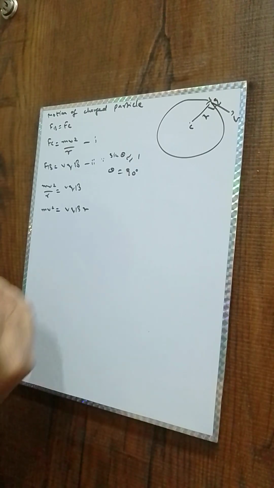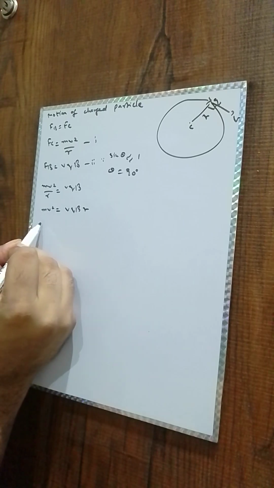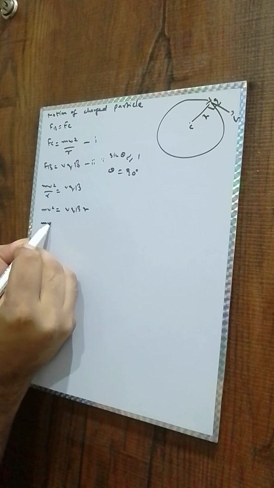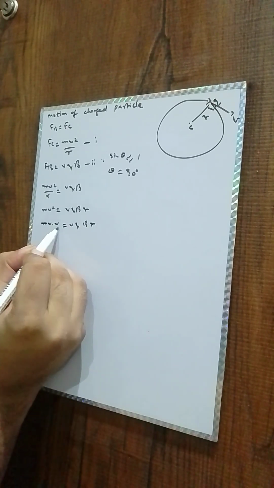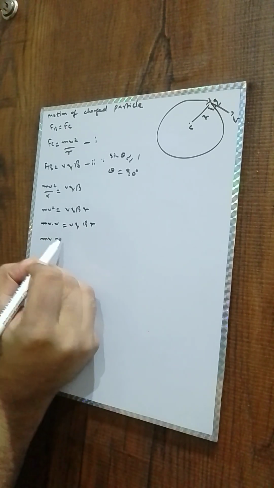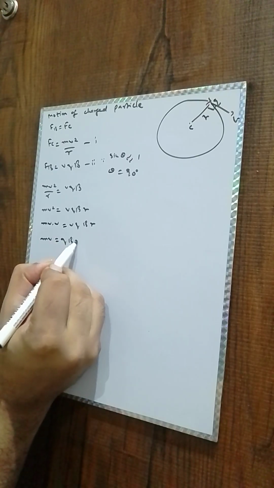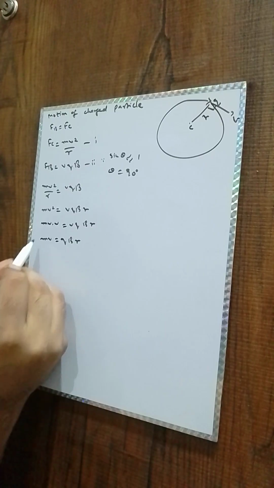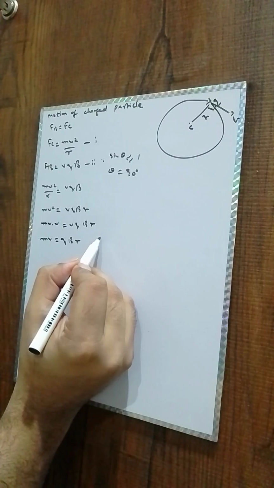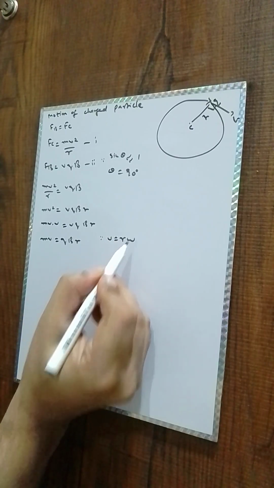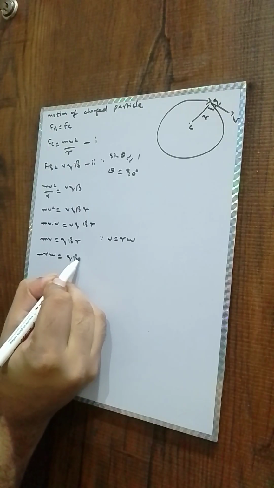So let's do a little bit of a trick here: mv dot v is equal to vqBr. v cancels out. mv is equal to qBr, and since we know that v is equal to r omega, mr omega is equal to qBr.